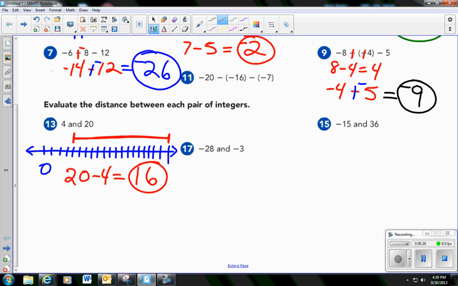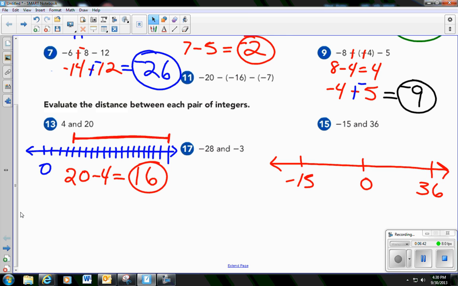Now, if we look at the number line here, and I'm not going to draw in all of the numbers here, but there is 0. Negative 15 would be to the left of 0. Positive 36 would be to the right of the 0. So they're asking you to evaluate the distance between each pair of integers. So we want to know how far apart are negative 15 and positive 36.